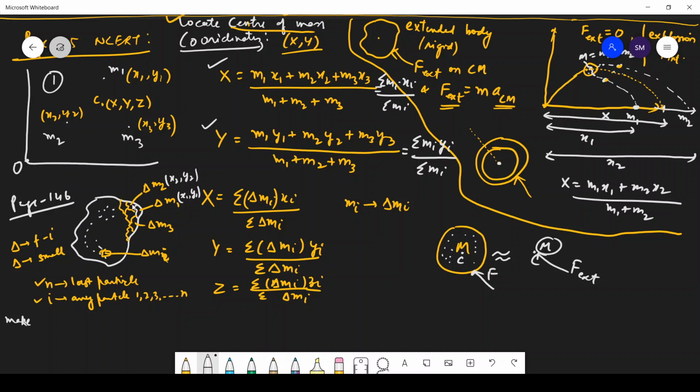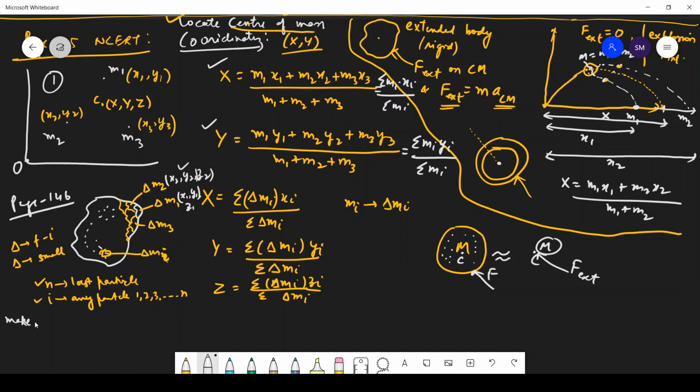So unless you make this mass a point, you will not get the exact location of the center of mass. Can you understand this point? You are taking the coordinates x1, y1, z1, x2, y2, z2. So this is a point, but delta m has some definite shape. Unless you divide this extended body into point masses, you will not get the exact answer. That is why I'm dividing it into point masses.